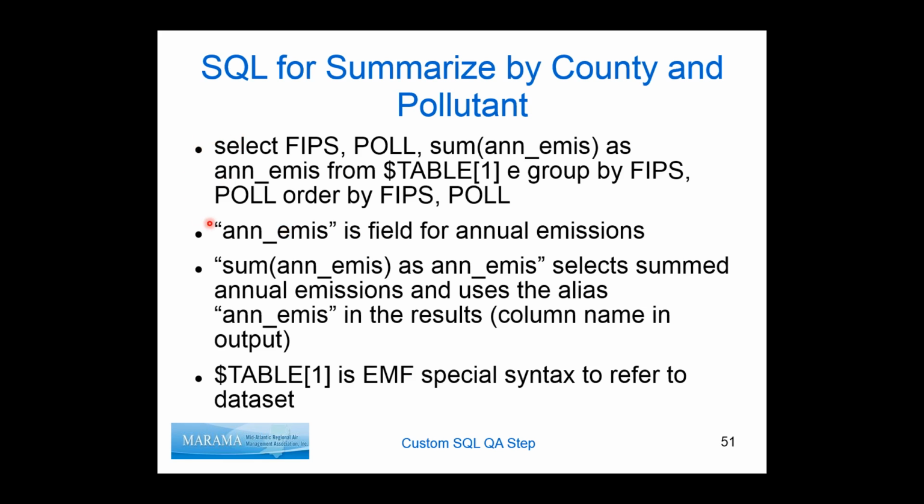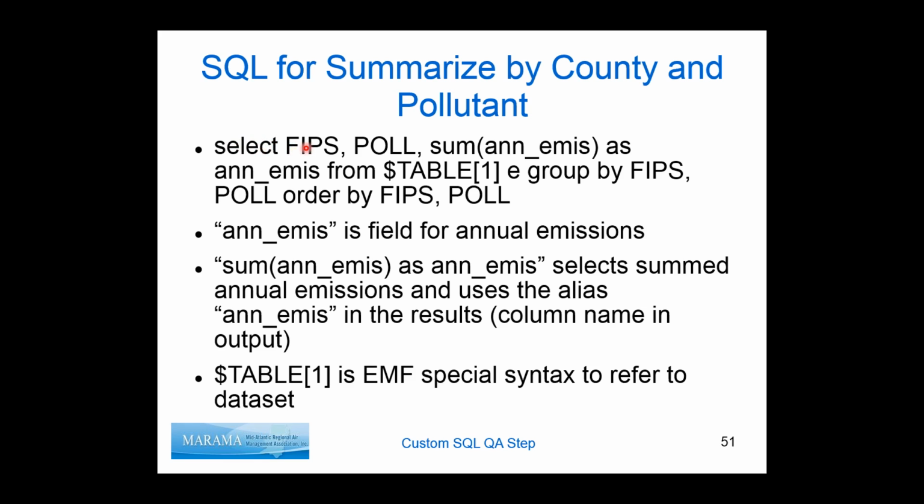So this text right here is the full SQL query that would be run by this QA step. Now, I know you don't have a lot of experience with SQL, so a lot of this you don't really need to worry about because we're just going to go in and change a few little things. But basically, the select tells us which things we want to grab, which things we want to select.